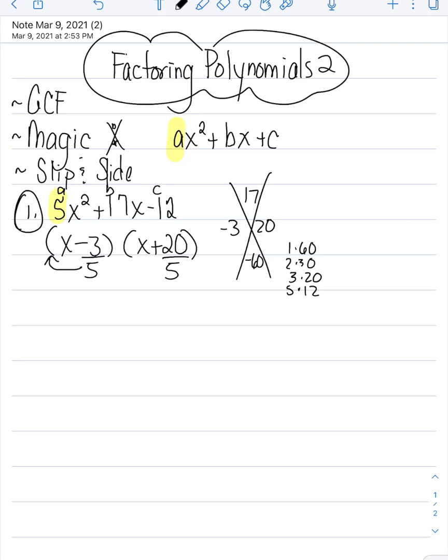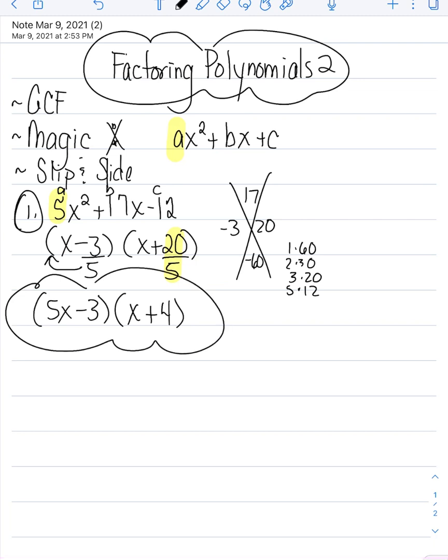If it doesn't reduce to a whole number, you're going to slide that 5 over, so it becomes 5x minus 3. 20 divided by 5 does divide evenly, so x plus 4. I'm not going to take time to check these, but remember, you check these with FOILs. So our factors are 5x minus 3 times x plus 4.